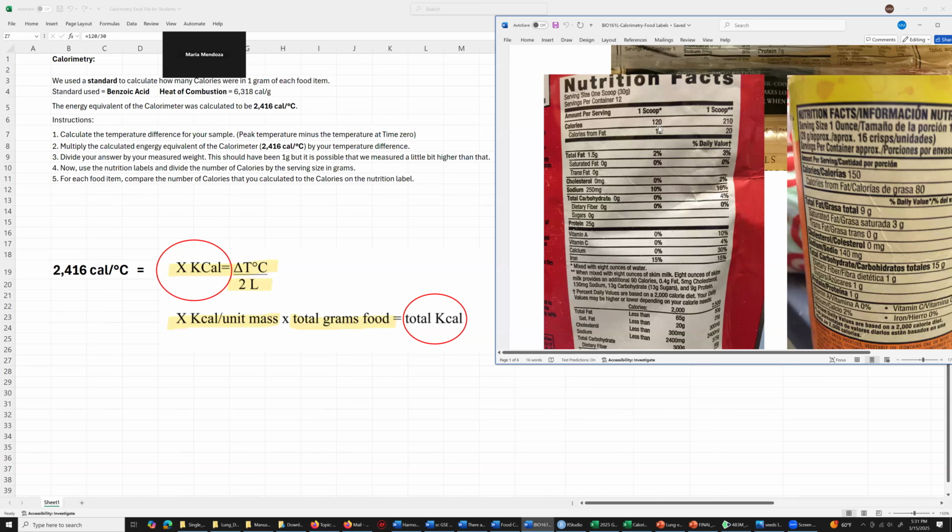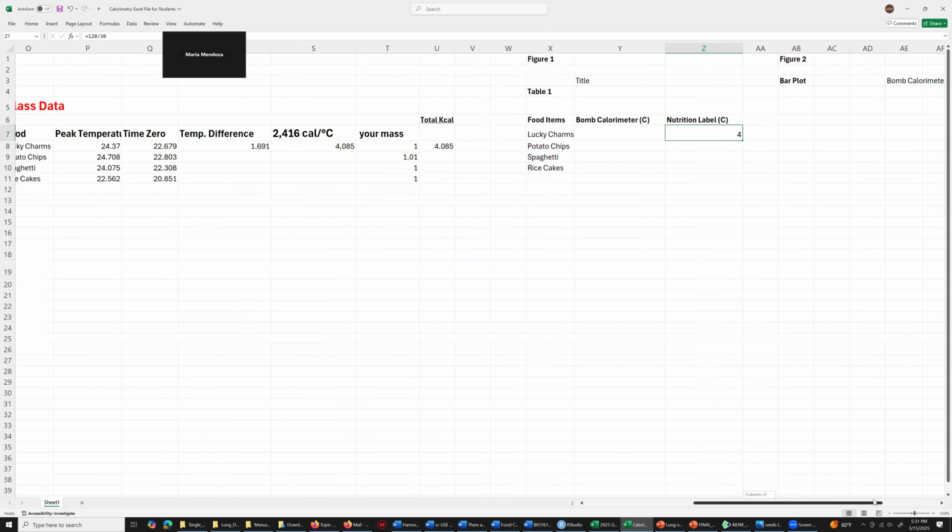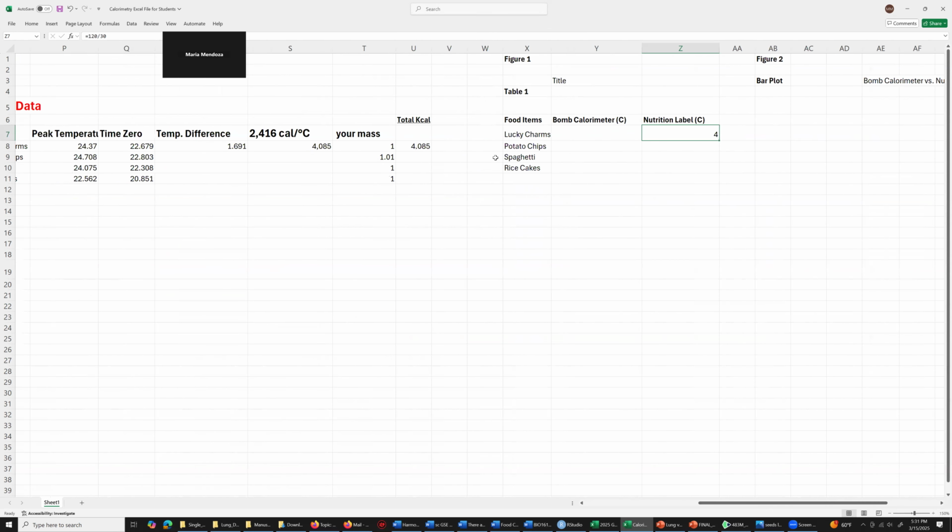So 120 divided by 30 is equal to 4 calories with the big calories, the big C. So that's why we put it right here. So this is a little table that we're creating. So nutrition label is 4 calories, and then the bomb calorimeter, this is what we calculated.